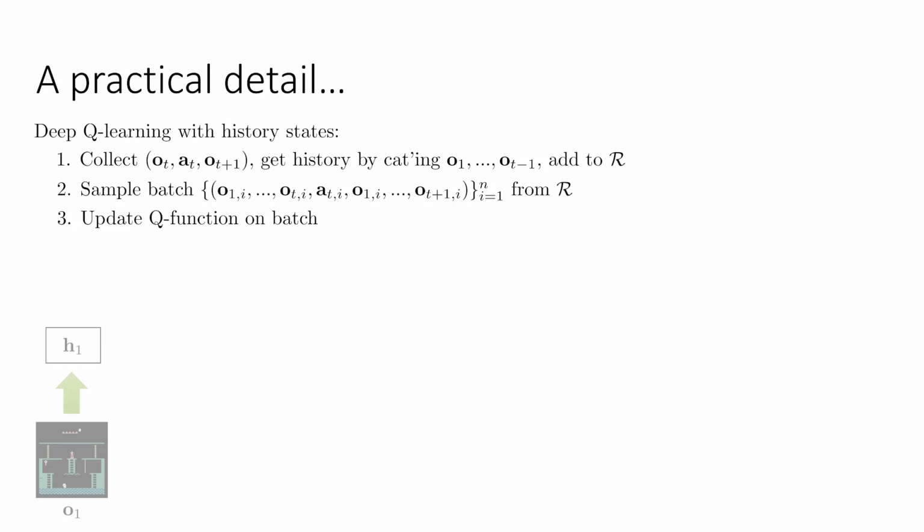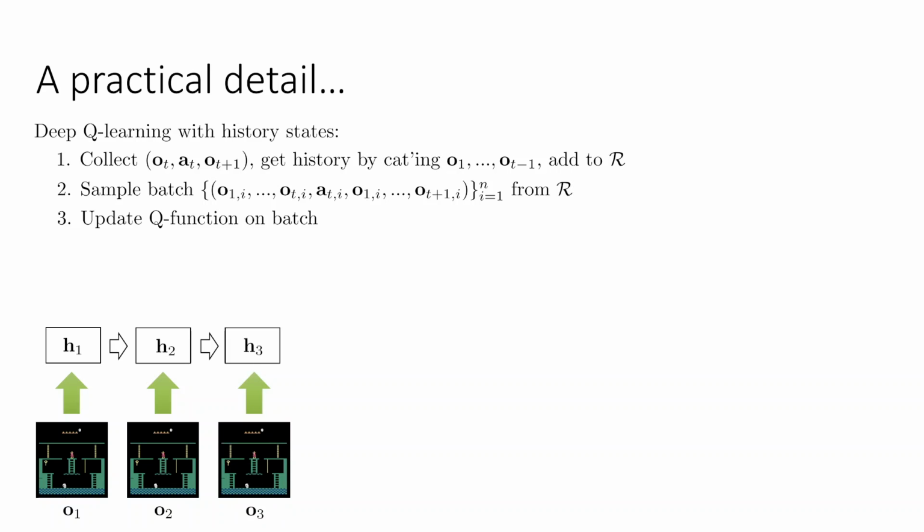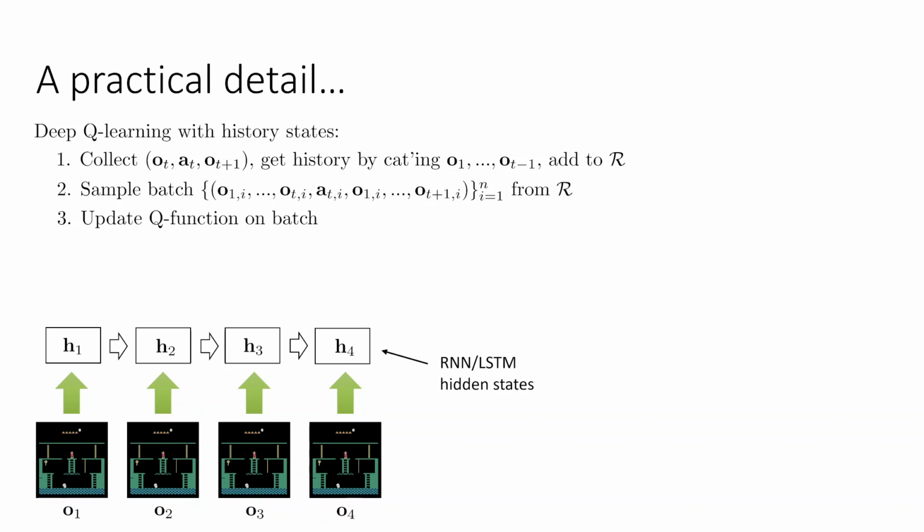So one of the things you could do, let's say that you're using an RNN or LSTM, where the neural network for Q inside of it has some hidden state that is used to read in these observations. Well, what you could do is you could store the RNN states themselves. So instead of actually storing entire histories, you could say, well, the observations O1 and O2 are fully summarized by the hidden state of the RNN H2.